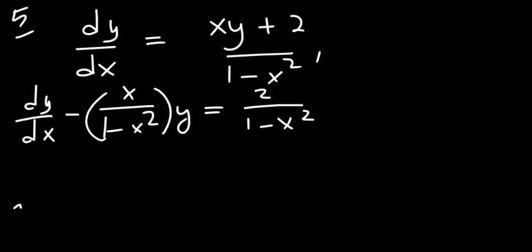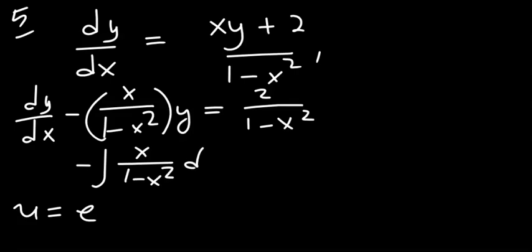Let's work out the integrating factor u. u is e to the power integral of p dx. So p is minus x over 1 minus x squared dx. We can absorb the minus sign inside and write a 2 there and write a half in front. So you see, when you differentiate the denominator, you get the numerator.